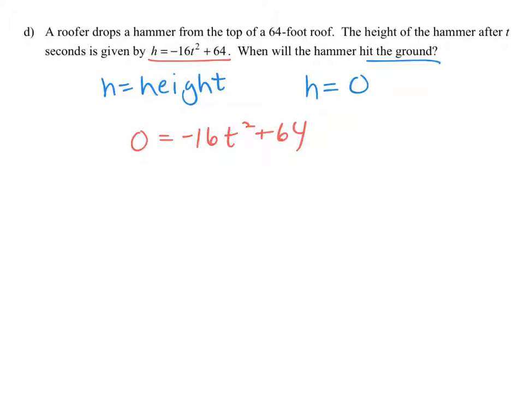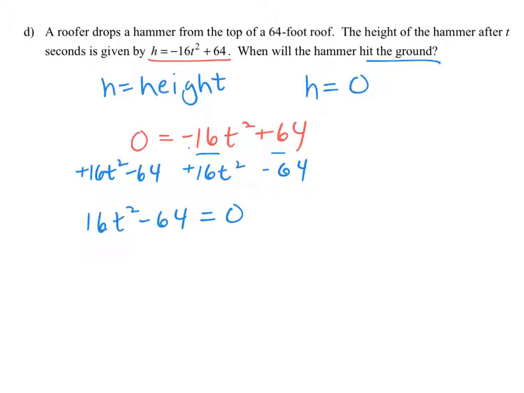Now we can solve this equation by setting it equal to 0, and we could do some factoring here. We can move these two terms to the other side by adding 16t squared to both sides and subtracting 64 to both sides of the equation. And then we get 16t squared minus 64 is equal to 0.